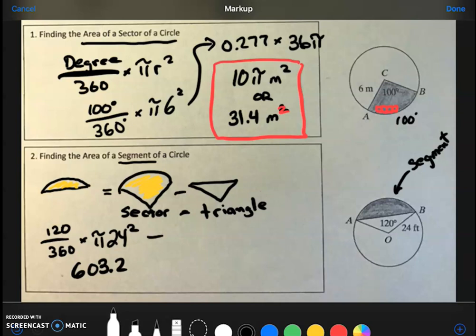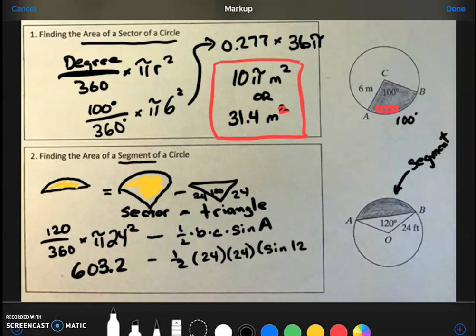Now this is not a traditional triangle. This has sides 24 and 24, and 120 degrees there. We're going to use the formula 1/2 times b times c times the sine of A. So in this case, it's 1/2 times 24 times 24, because they're both radii, times the sine of 120.